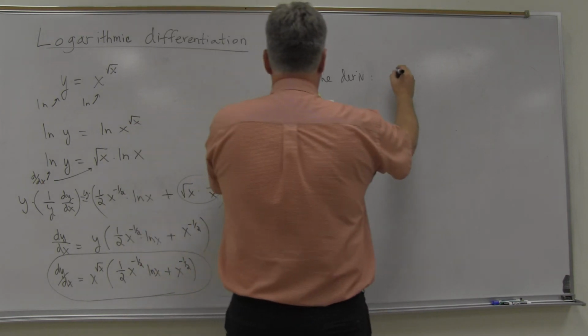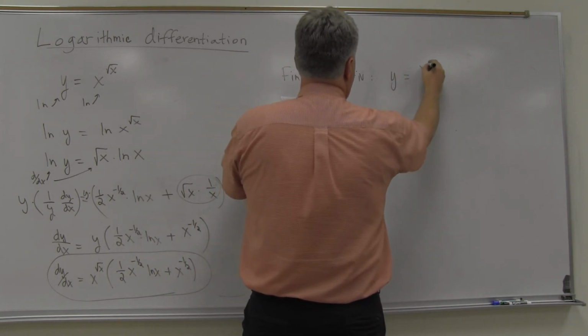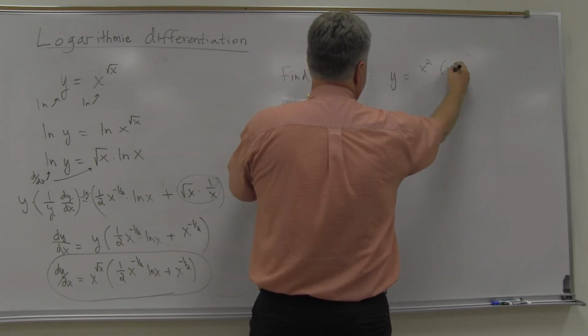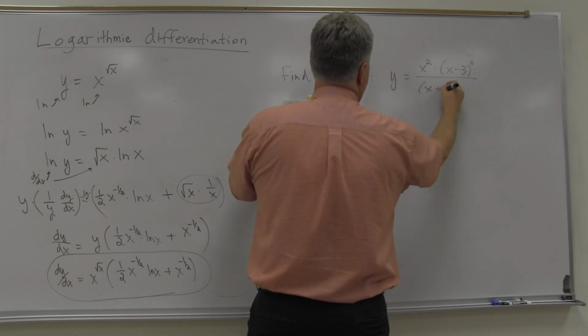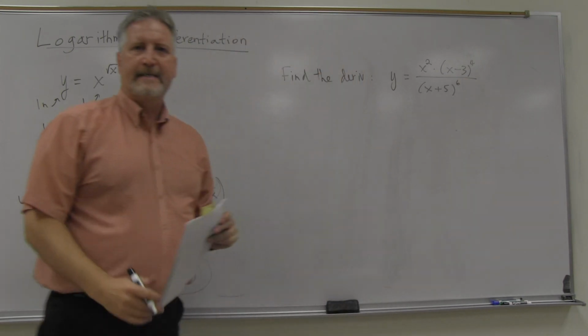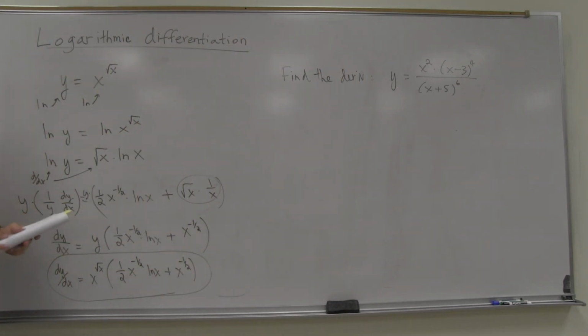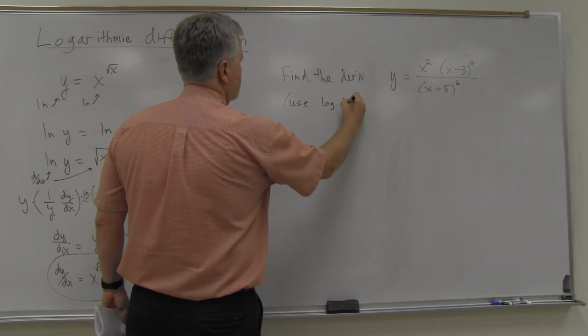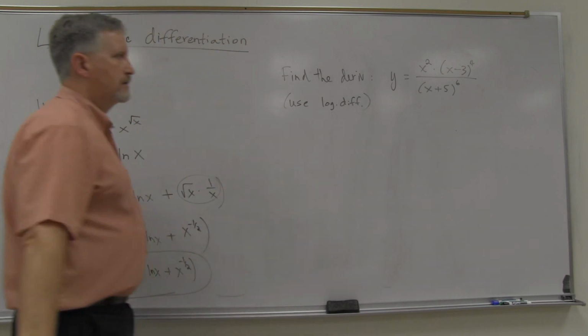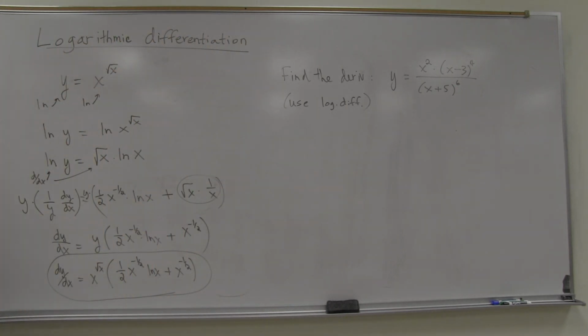It's y equals x squared times x minus 3 to the 4th over x plus 5 to the 6th power. Logarithmic differentiation is actually a good one for that too. Here's why.